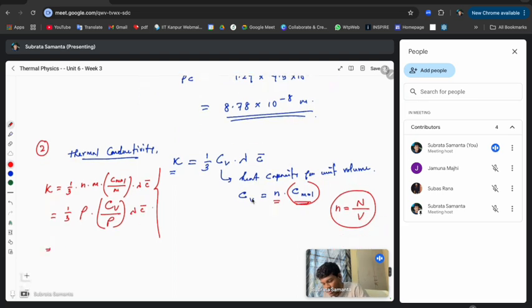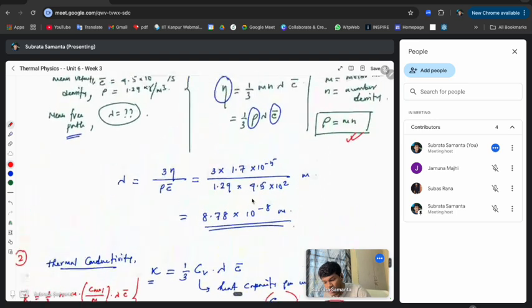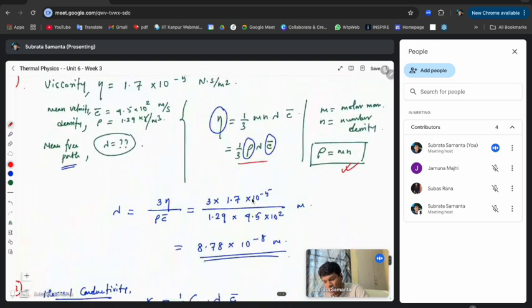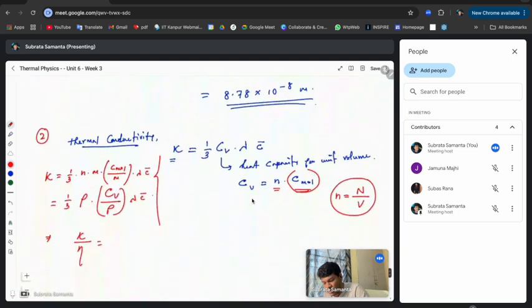So it can be written as kappa over eta, where eta is the viscosity, with 1/3 rho lambda c average equal to eta, and Cv over rho. That is important. Here kappa is the thermal conductivity and eta is the viscosity.